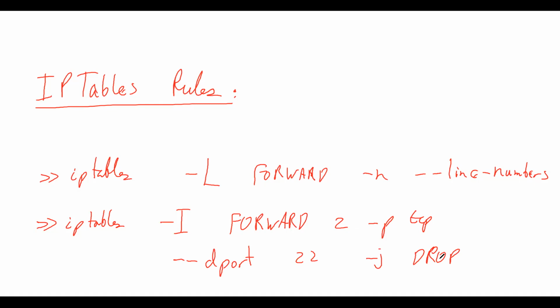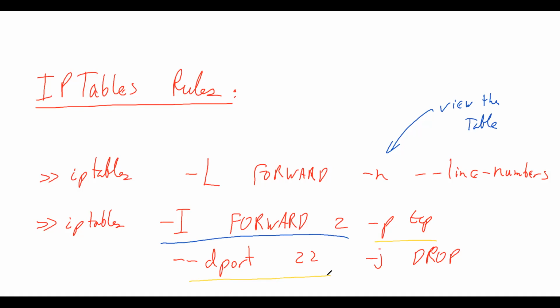So this first one allows us to view the table. And then the second one allows you to insert the rule. If you think about it, this just says where. That's where you put the chain, which is extremely important. And then this one is the rule itself. You see that.